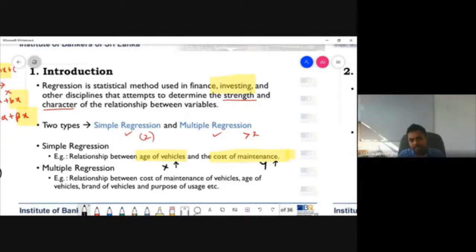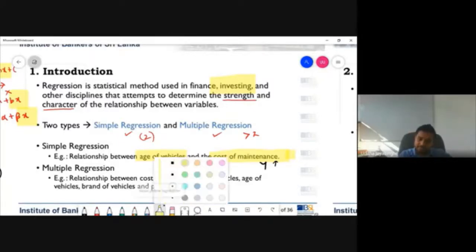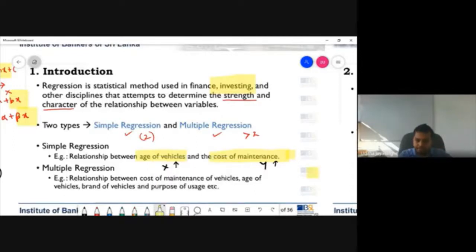Look at the second example for multiple regression. I'm quoting the same example, but here I'm going to bring in some more variables. The relationship between the cost of maintenance of a vehicle, age of the vehicle, brand of the vehicle, and purpose of usage.